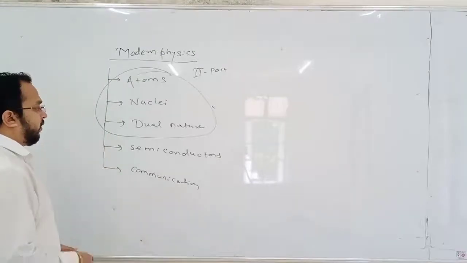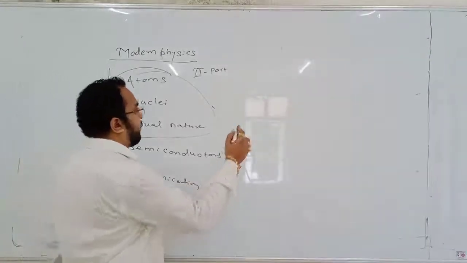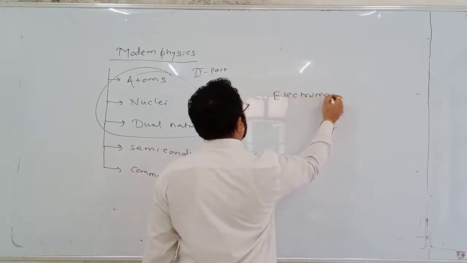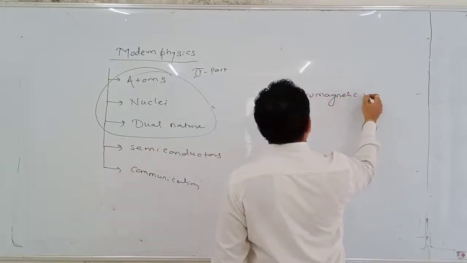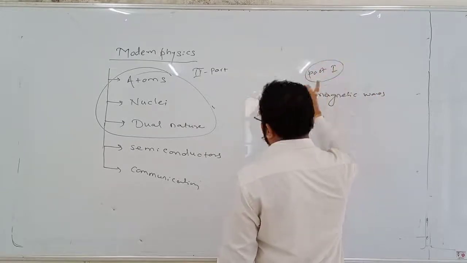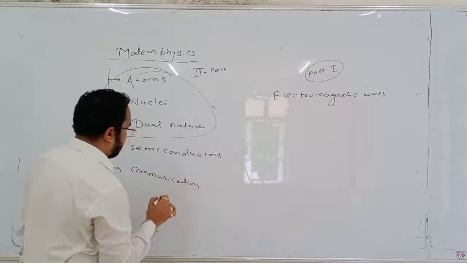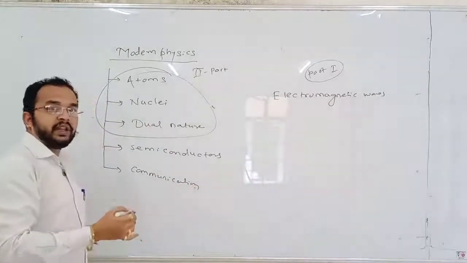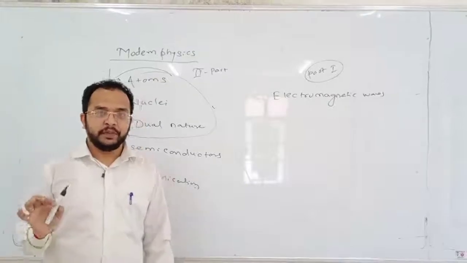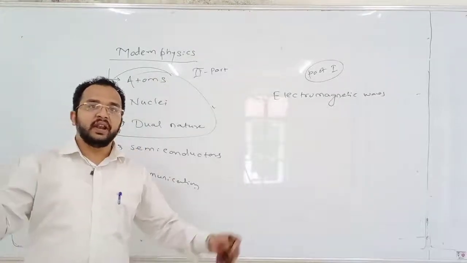Otherwise, what we'll do is this: electromagnetic waves are our first part, and waves we need in communication. In the communication chapter we need waves because communication is satellite communication, from transmitter and receiver.